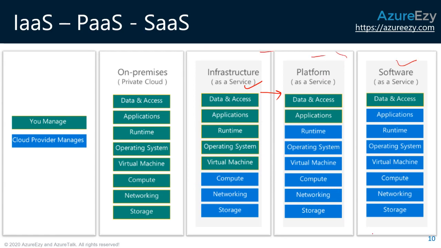Software as a service is still a product-based solution, where if you're selling your solution, then only you go into that approach, such as Office 365. You have a solution like Office 365, you want to sell the subscription to your users, that is an example of software as a service.